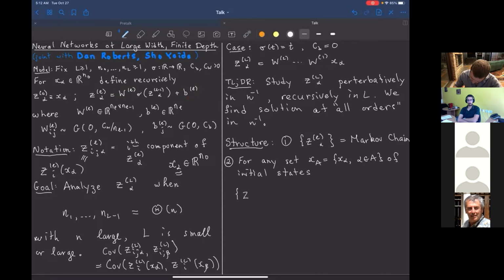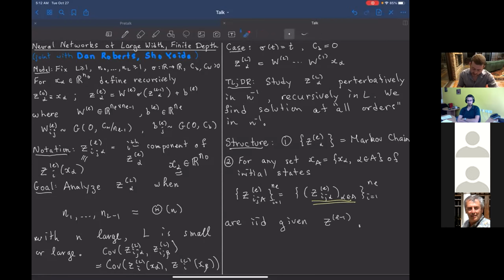We find that this collection Z^L_{i;A}, where i goes from 1 up to N_L, these are the components of my stochastic process at time little l, by which I just mean Z^L_{i;α}, α in A, i from 1 up to N_L. Each of these values that a particular component of this stochastic process computes are independent of each other, conditional on the previous layer. So they are IID, if you give me Z^{L-1}.